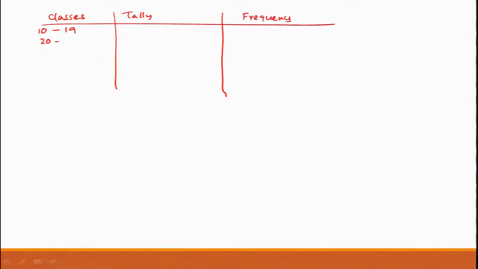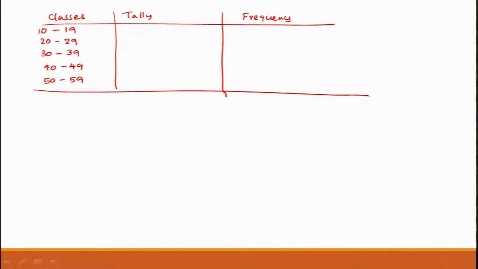Then the next will start from 20 and go all the way to 29, then 30 to 39, 40 to 49, and 50 to 59, in which I should get all the values covered.